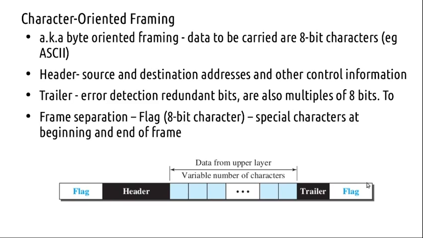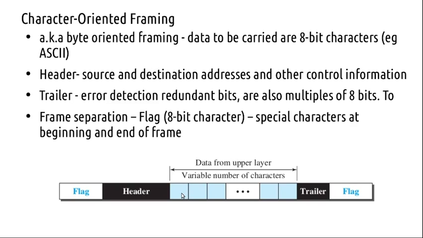It's a special character. Now the question comes: what if the data itself contains these flag characters? Say for instance, I include an 8-bit character like 4 zeros and 4 ones as a flag. Now the data might also contain such a sequence.